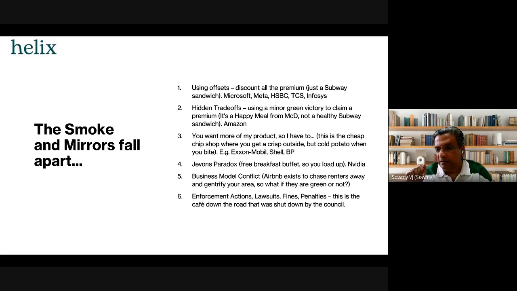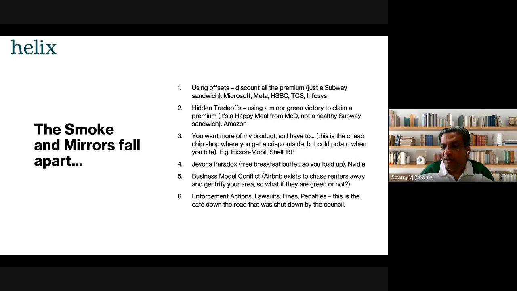The second method, a lot of companies do. Amazon is an expert at doing this, using some minor victory, right? Minor green victory somewhere to claim a premium, right? So one small thing like, we switched one of our warehouses to have solar panels.